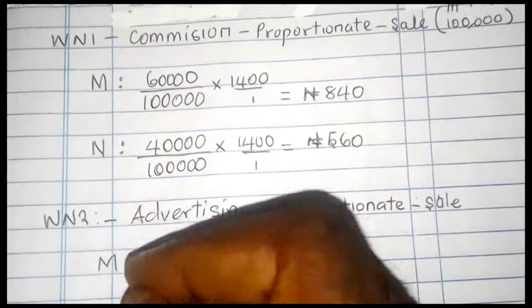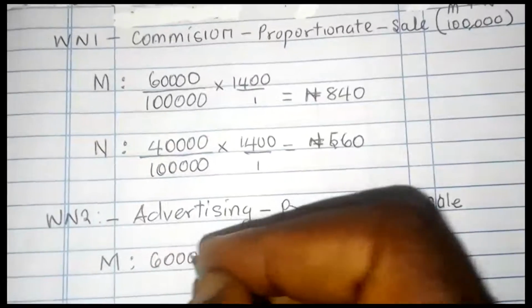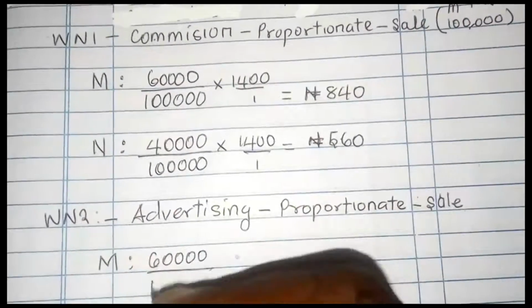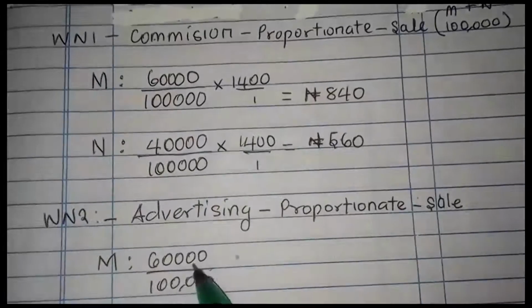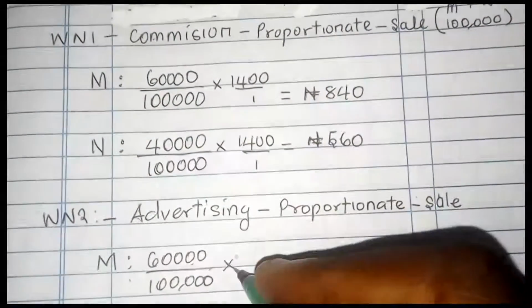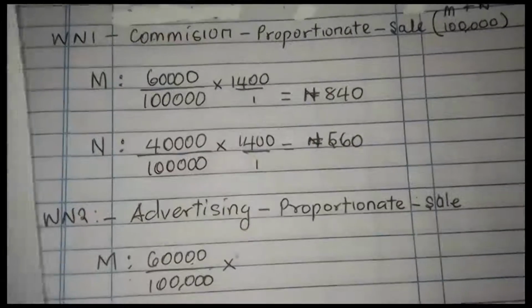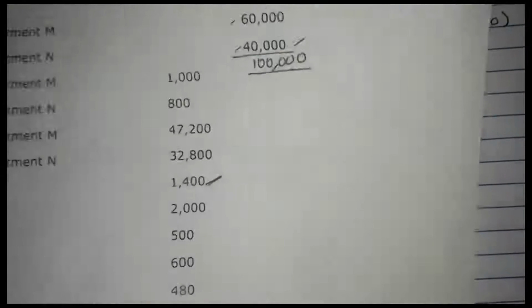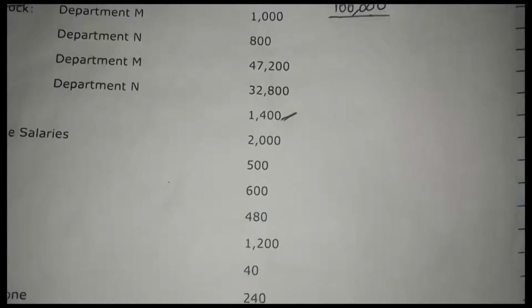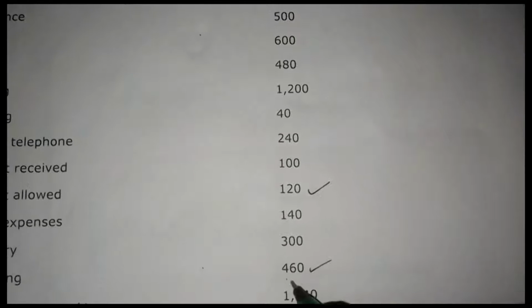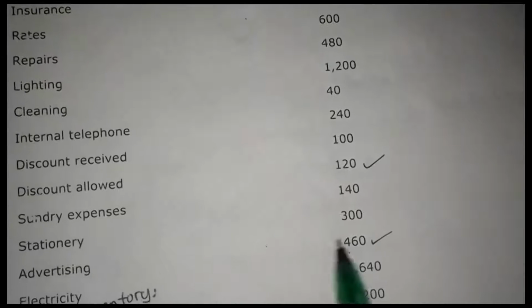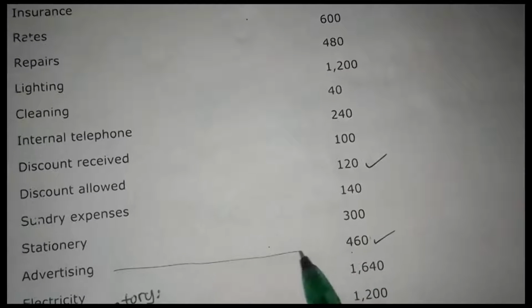For M, it will be 60,000 over 100,000, the sales figure of M department, multiplied by the advertising figure, 460.